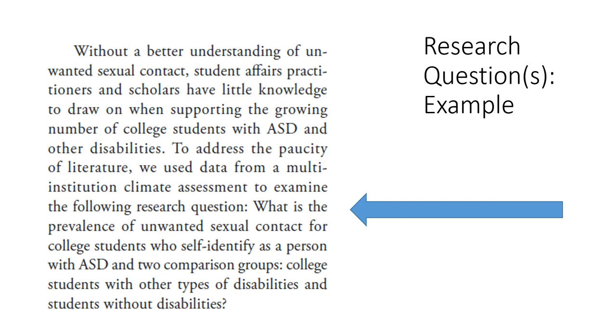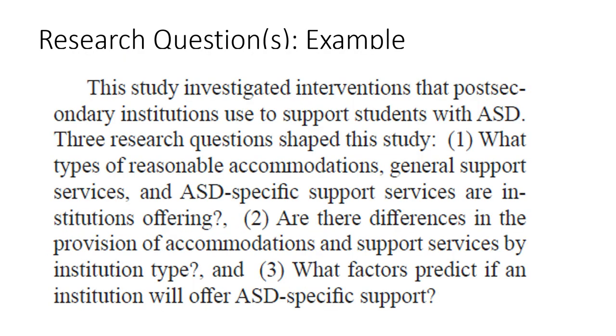And then the comparison component of this is going to result in some tests of difference. This is a single research question coming from a short journal article. It is not a dissertation length study. But I think it's instructive to see just what a single question would look like.